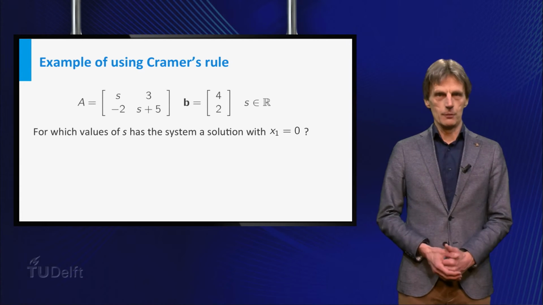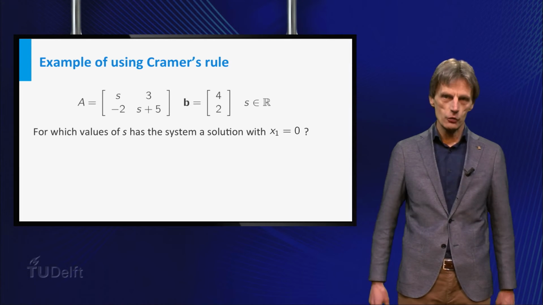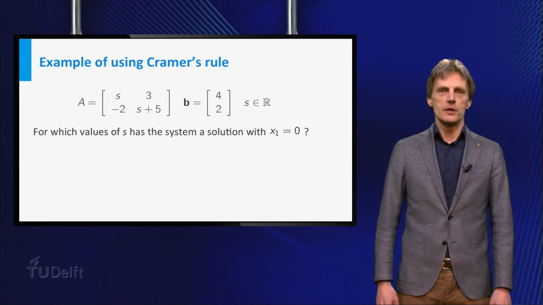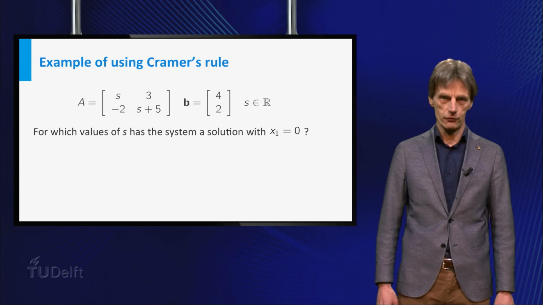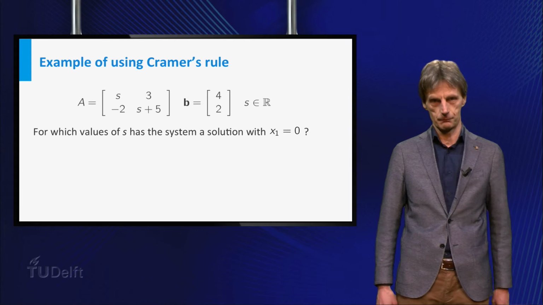To solve this problem, you could, of course, go through the usual motions of row reduction, but in this case the matrix A contains a parameter s, and this makes the method of row reduction somewhat elaborate.